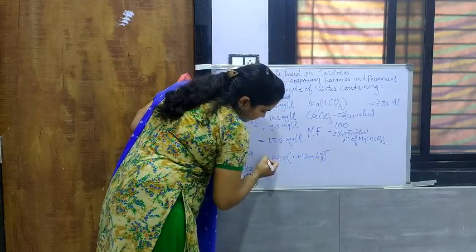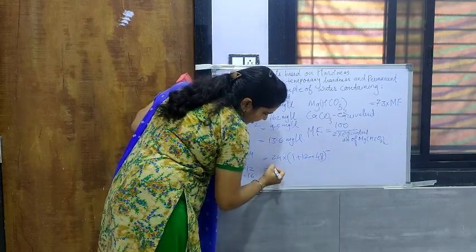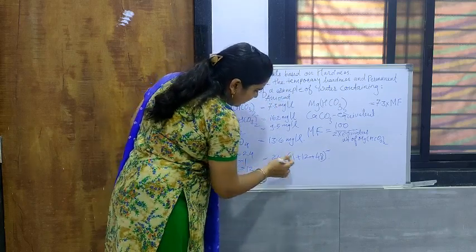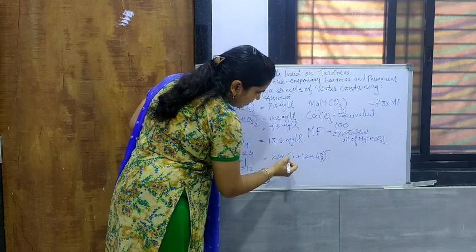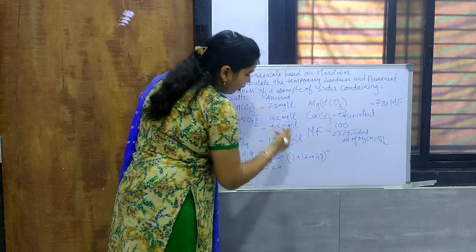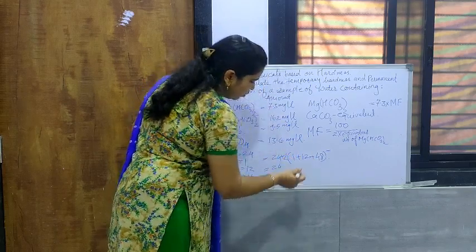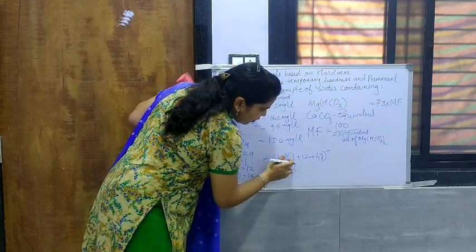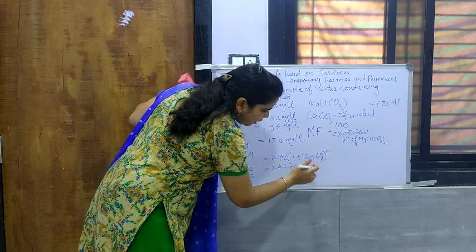Here it is not multiplication but plus. As there are 2 such groups, we have to multiply by 2. So 24 plus 2 into (1 plus 12 plus 48).